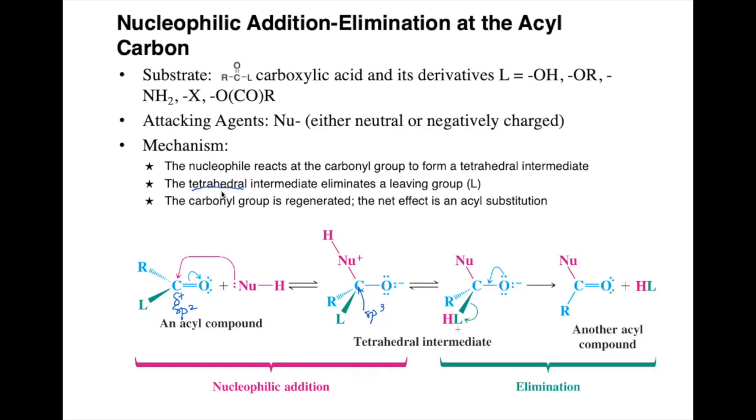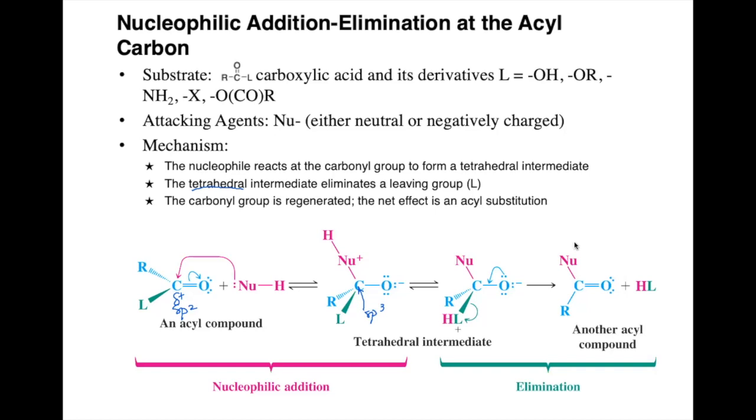Okay, now the next step will be elimination of your leaving group. So this lone pair will return to form a carbonyl. So magiging double bond ulit ito, magiging carbonyl, and then that will kick out your leaving group. Okay. So when it does that, you reform the carbonyl compound.